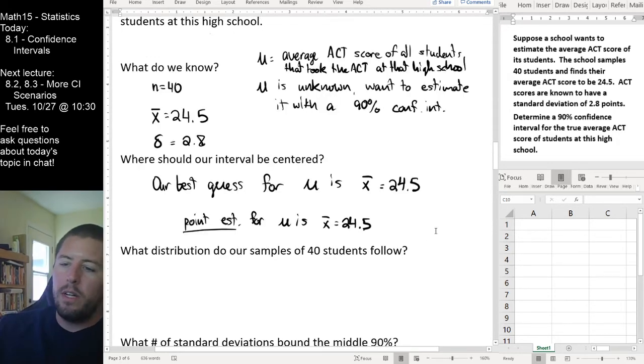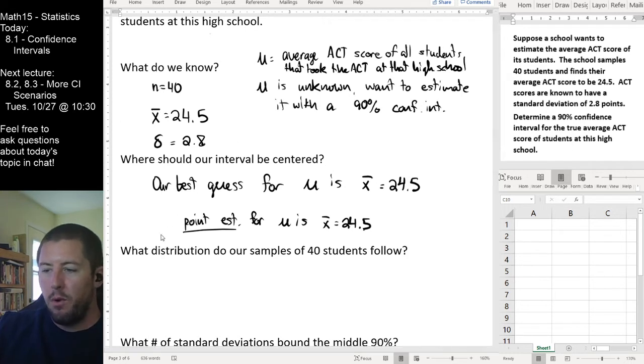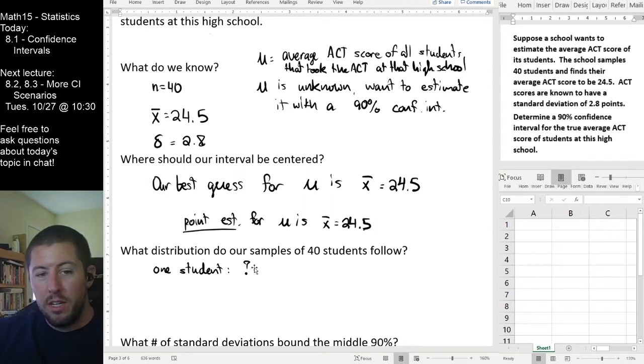So let's ask the question, what distribution do our samples of 40 students follow? Well, what's the distribution of one student going to be? We're actually really not sure here. We weren't even given that these were normally distributed, in fact, right? We just know that we're taking samples of larger than 30 students, so our sampling distribution should be normal.